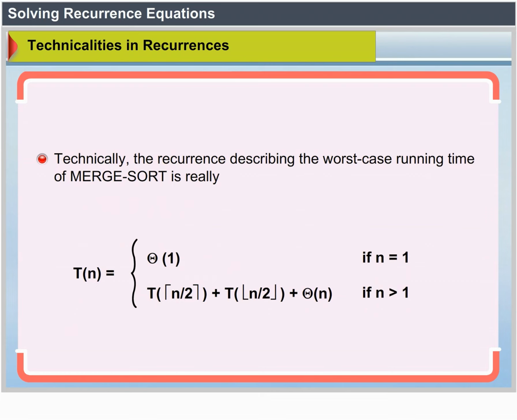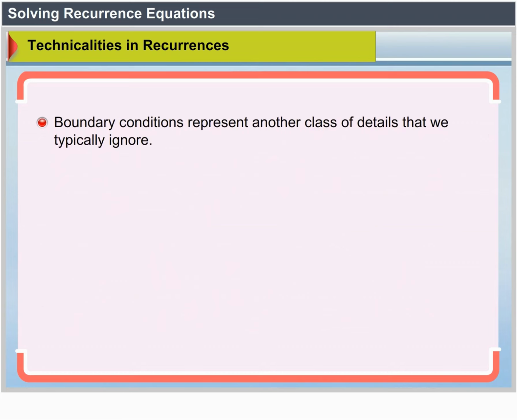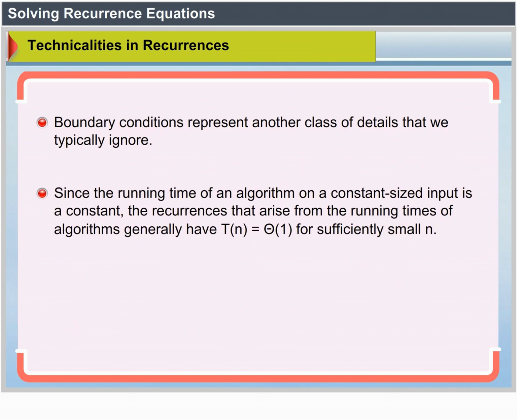Boundary conditions represent another class of details that we typically ignore. Since the running time of an algorithm on a constant sized input is a constant, the recurrences that arise from the running times of algorithms generally have T of n equal to theta of 1 for sufficiently small n.